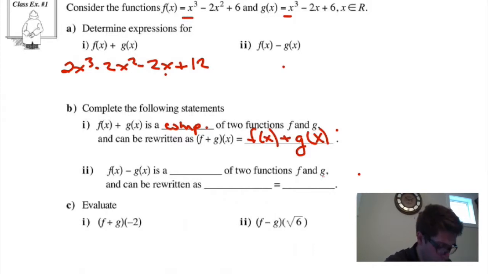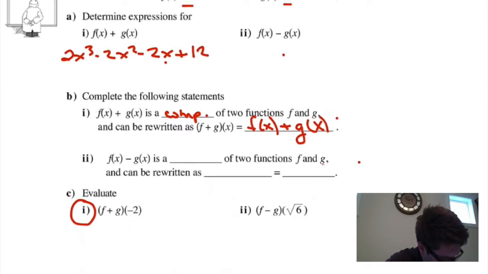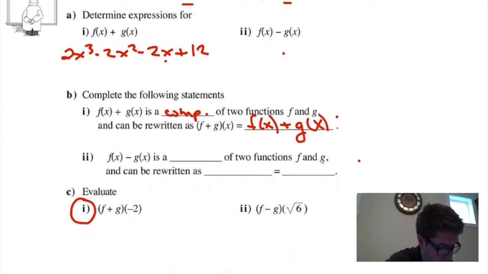What gets a little more important is what we have in C when we're doing some evaluation, and it's that multi-step synthesis that's going to occur. I'm going to leave one aside because I'd like you to give that a go, and we're going to do 2. If we have f minus g of root 6, this is a great way to check what you've found before.